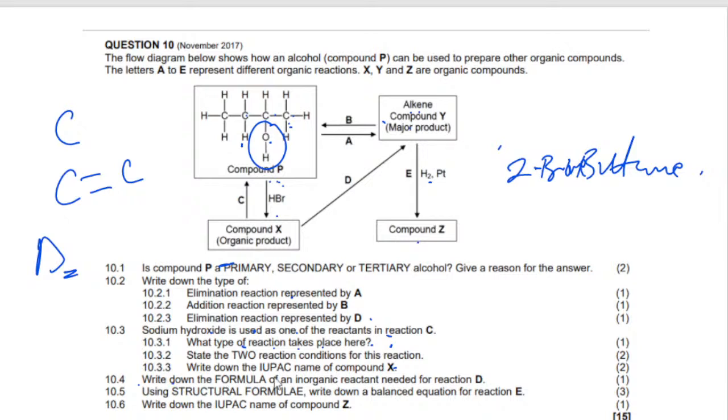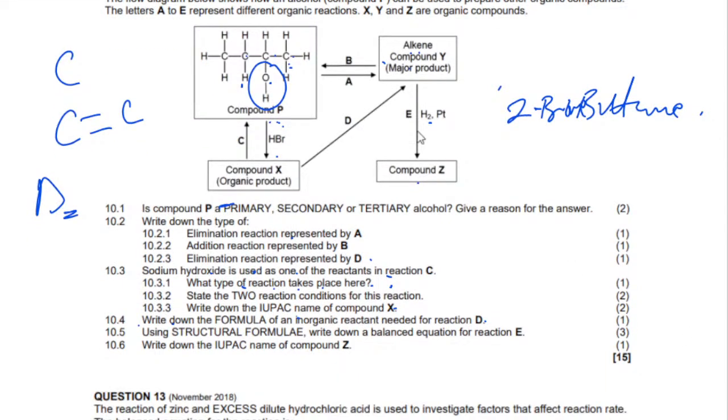Question: write down the formula of the inorganic reactant needed for D. Where is D now? It's here, from haloalkane to alkene. Basically, here we add either sodium hydroxide or potassium hydroxide, so that the sodium hydroxide can remove the bromide.